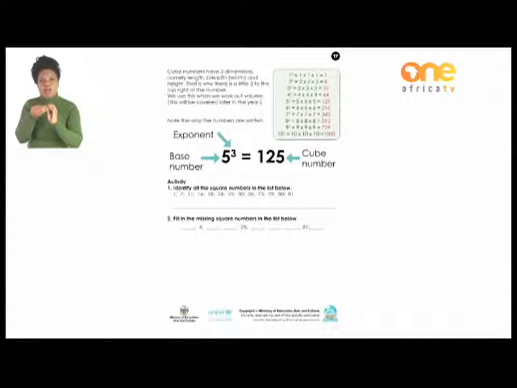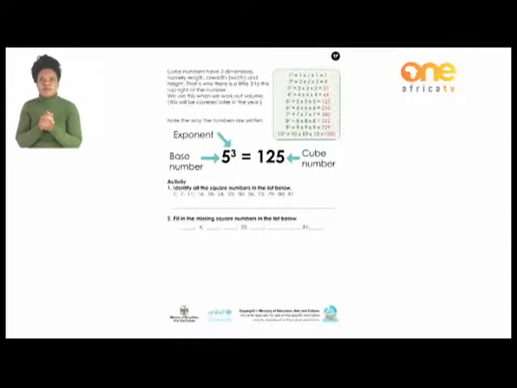We use this when we work out volume. This can also be covered a little bit later. Note the way the number is written. There is an exponent, which is 3, which is also power. There is also the base, which is 5, and the product or the cube number, which is 125.